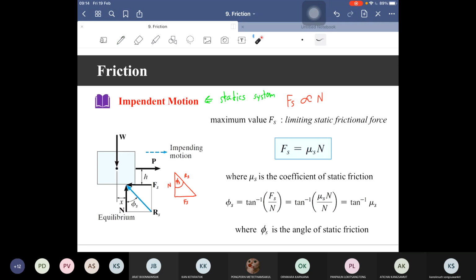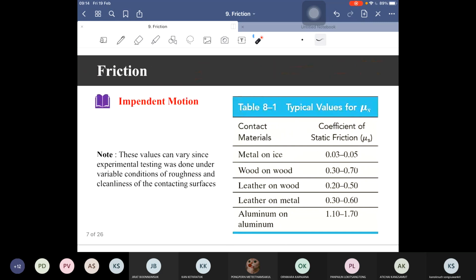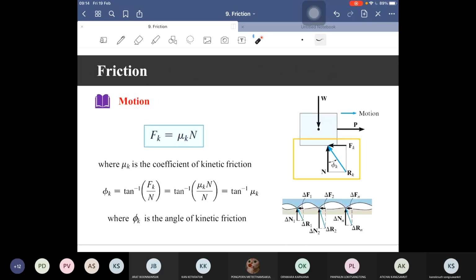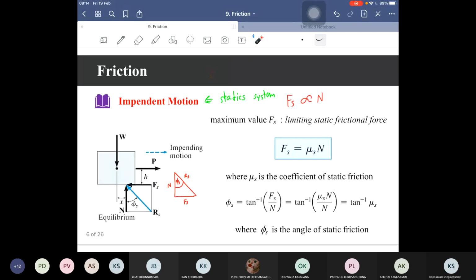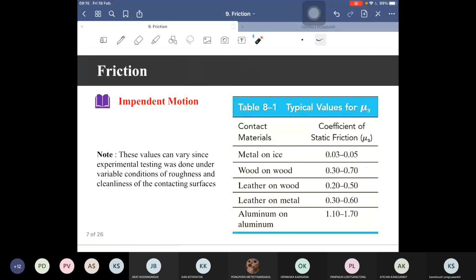Now let's see, if we still increase this force P and make it reach the value of Fs, this block will start to move, right? Then in the second state, motion. In this table, I just show you that the static coefficient mu s is valid if you change the material.